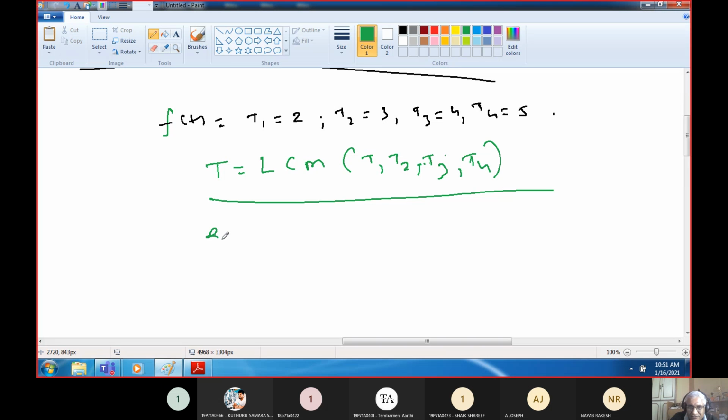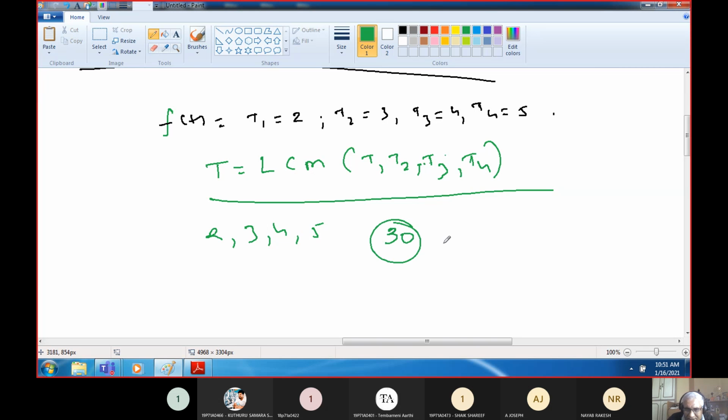So what is the LCM of 2, 3, 4 and 5? Okay, now supposing I take 2, 3, 4 and 5. So we will try to see how to get the LCM. 6 is not an LCM, 8 is not an LCM, 10 is not an LCM, 20 is not an LCM. Let us see 30.